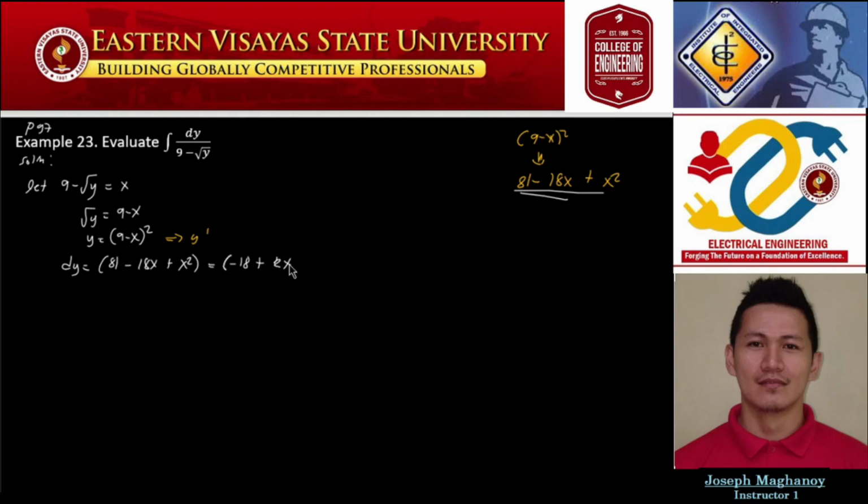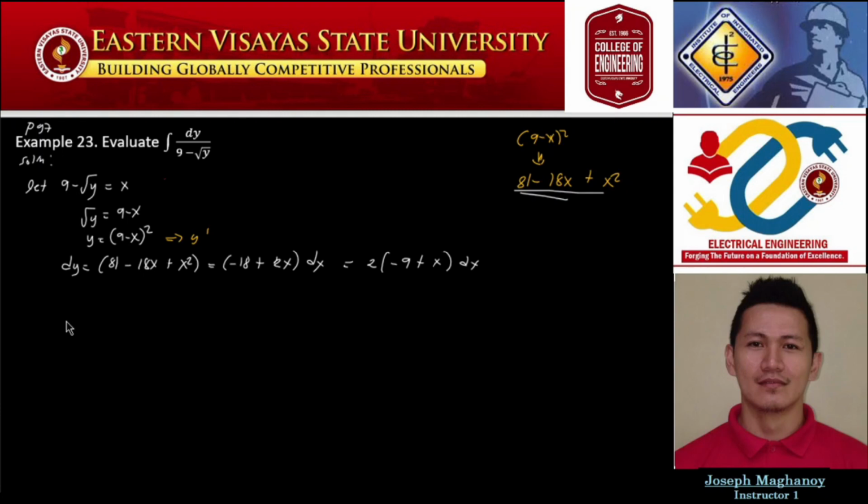So this is your quantity dx since you're solving your y with respect to x. Okay, so we can simplify this further. So we factor out 2. Should be negative 9 plus x. 2 times negative 18 is 2x. Okay, dx.